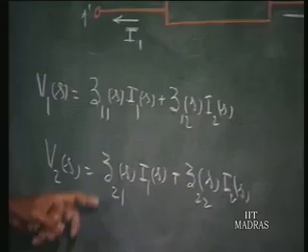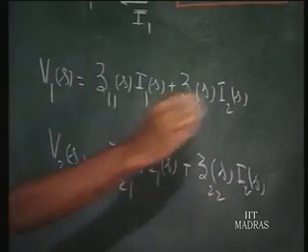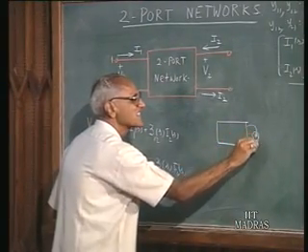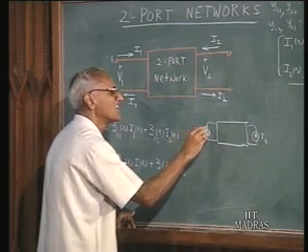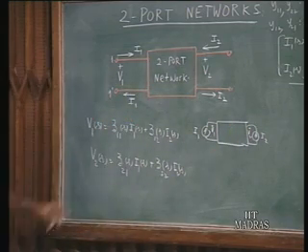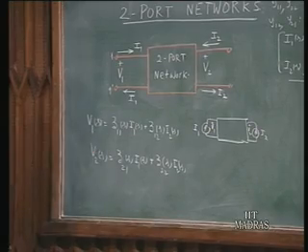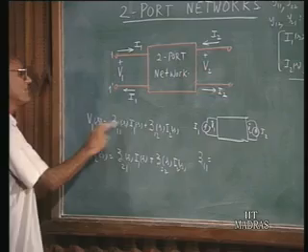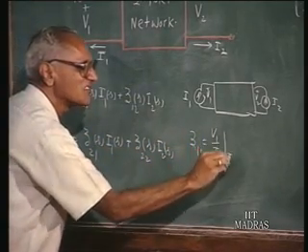Now, we have the voltages as the response quantities and the currents as the inputs. That means essentially what we are thinking of is a network with 2 current excitations I1 and I2, and V1 and V2 are the response quantities. So, these are called open circuit impedance parameters. For example, if I want to measure Z11, Z11 is the ratio of V1 to I1 when I2 is 0.